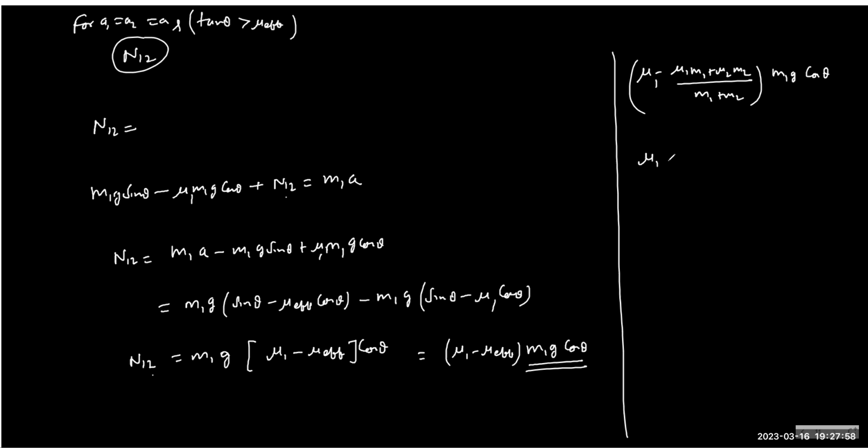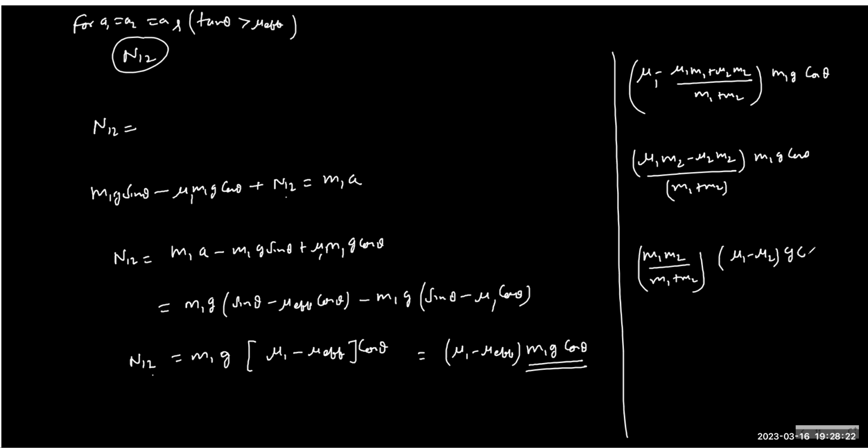What we get is mu1 minus mu2 into m2 into m1 g cos theta upon, and what we will write is like a reduced mass, m1 m2 by m1 plus m2, into the difference of coefficients. This is interesting, isn't it?